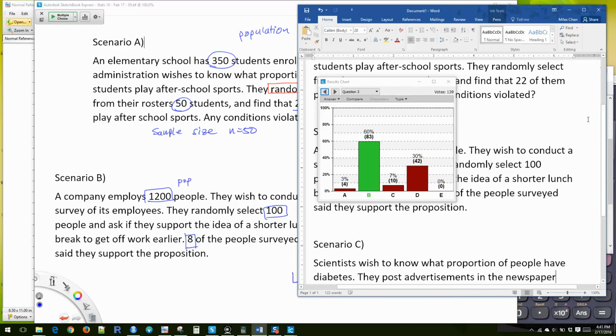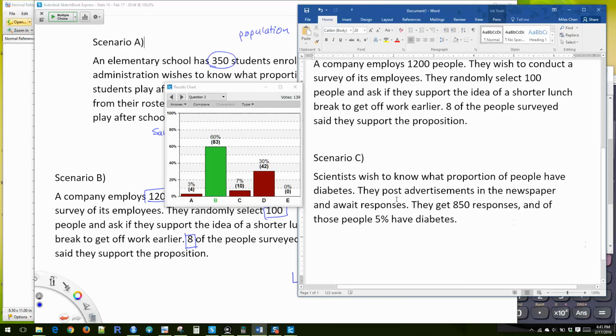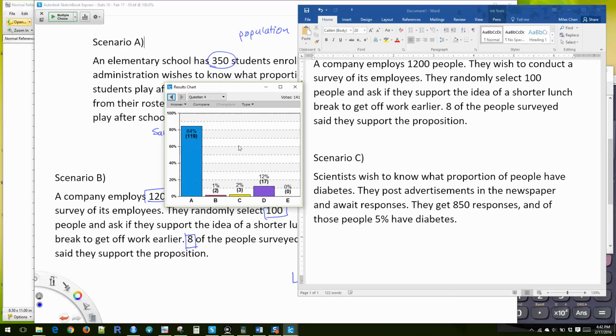Okay, and then our final one, scientists are the worst scientists ever. Do you want to know what proportion of people have diabetes? They post advertisements in the newspaper and await responses. This is not going to give you any kind of representative sample. I don't know who is responding to these newspaper ads, but it will not give you a random sample.